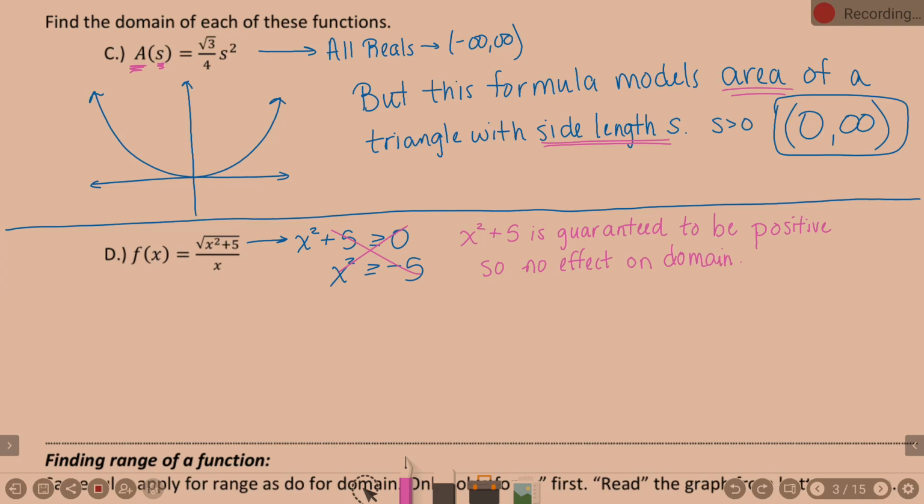Okay? That's what I would say right here. You put a number in and square it, it becomes positive. You add 5, it's still positive.